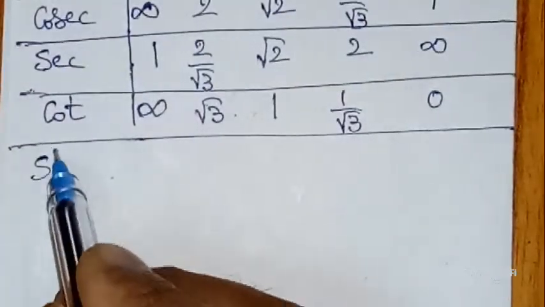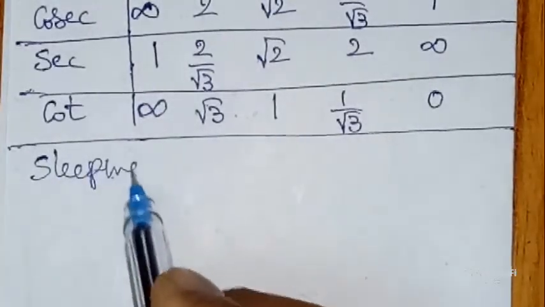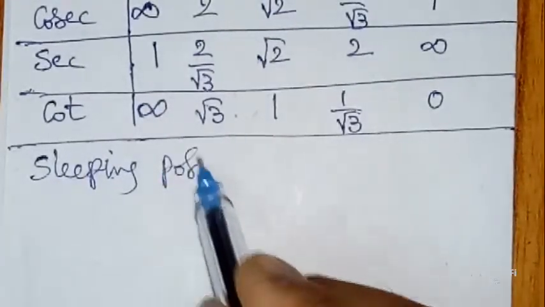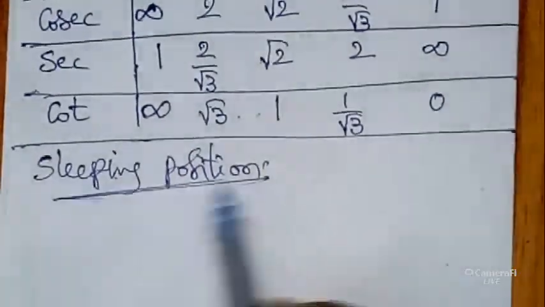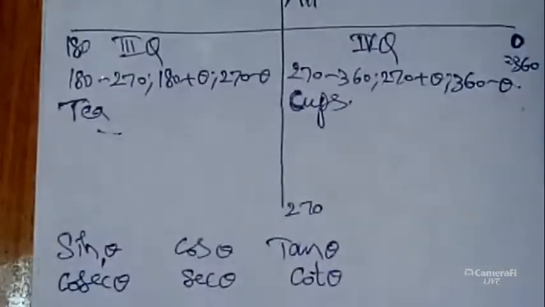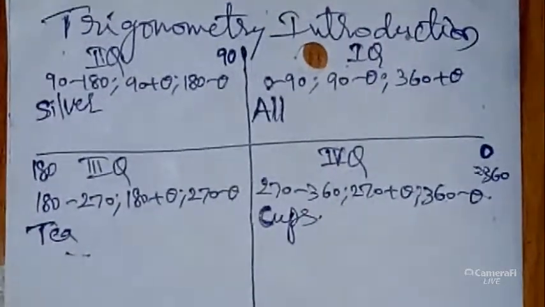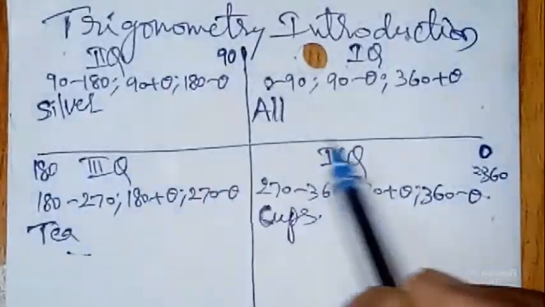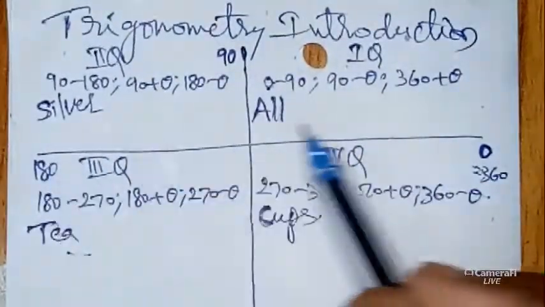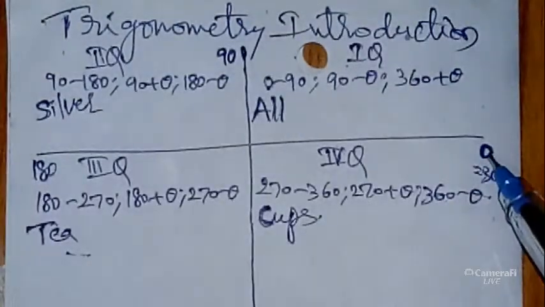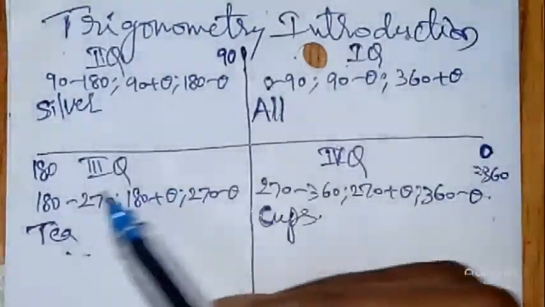So first of all, sleeping position. What is the sleeping position? I wanted to go to the quadrants first. Sleeping position means like this: values near 180 and near 360.